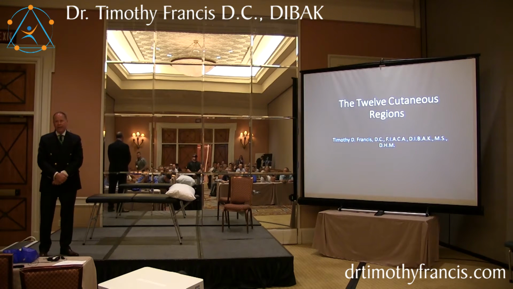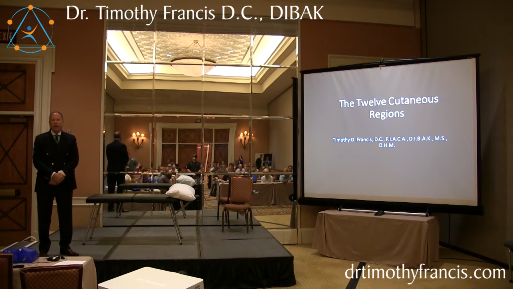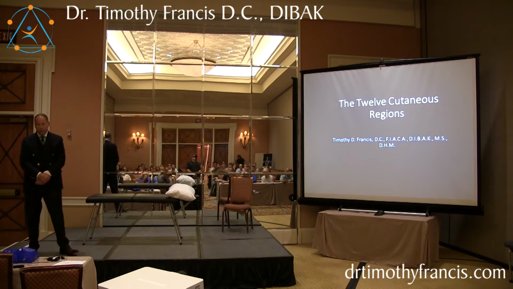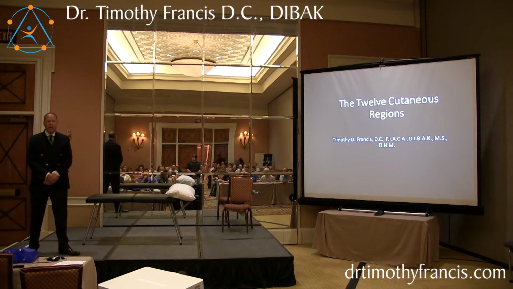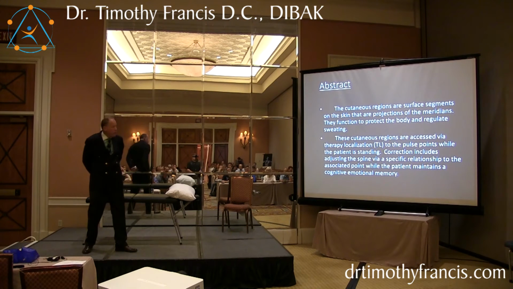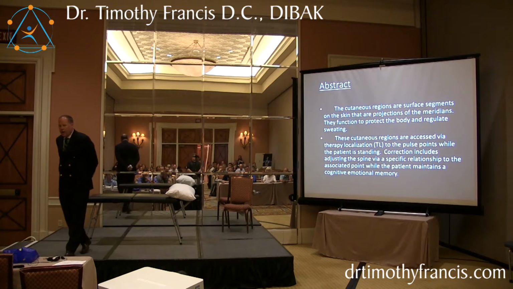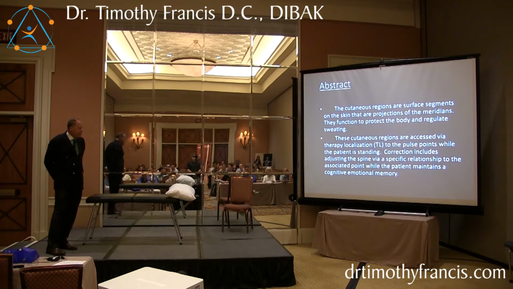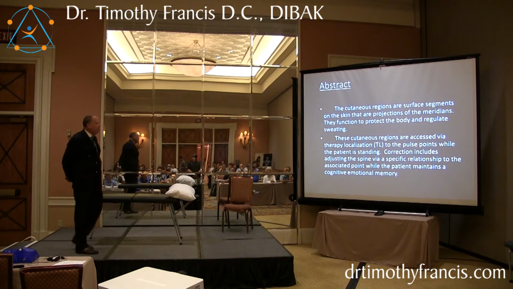This was actually last year's paper, but for various reasons I did not present it last year. So we're going to present the paper first and then do a meridian review. So what are the 12 cutaneous regions? They are surface segments on the skin that are projections of the meridians.